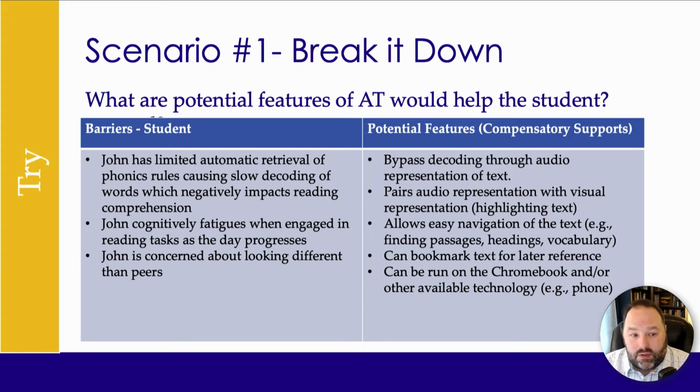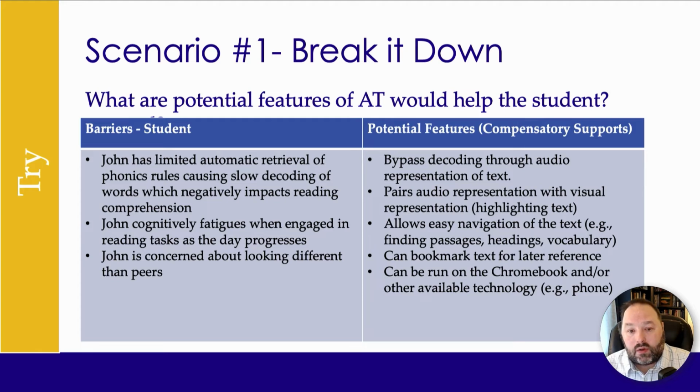So we use those barriers and we flip them into potential feature statements. So when we look at some of the barriers, John has limited automatic retrieval of phonics rules. One of the features that would be really good is for a potential assistive technology tool or system to bypass that decoding process by providing an audio representation of the text.